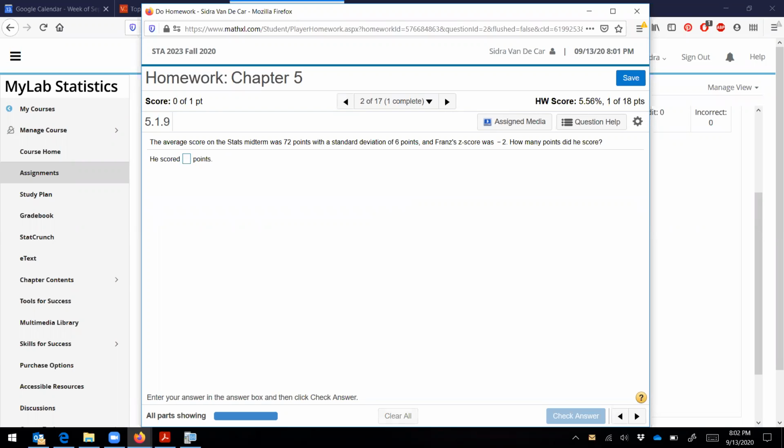The average score on the stats midterm was 72 points with a standard deviation of 6 points. Our z-score was -2. We want to know how much we scored. So our z-score formula, if you remember, is z equals your observed value x minus the mean, over the standard deviation.